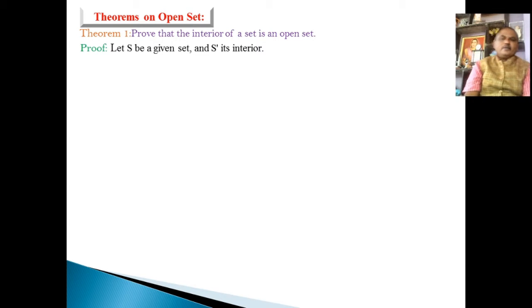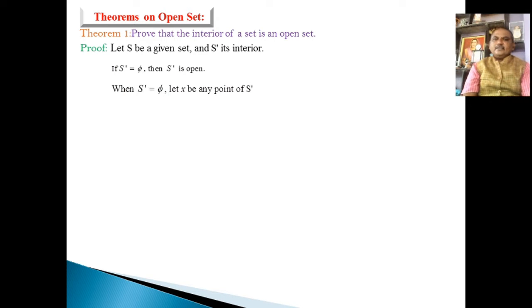This is the symbol for the interior set: the interior points of the set S form S'. If S' is equal to φ, then by the earlier remark, every empty set is an open set. Therefore, S' is an open set.